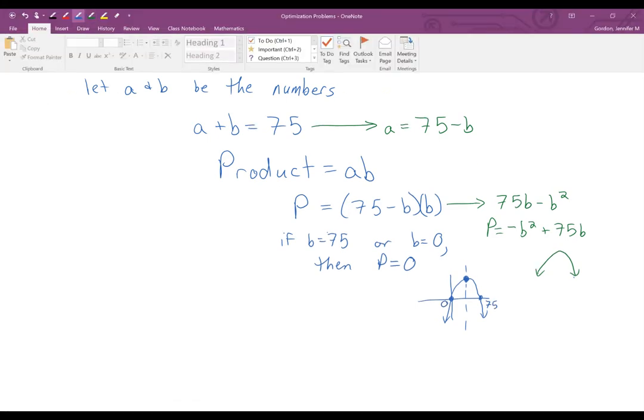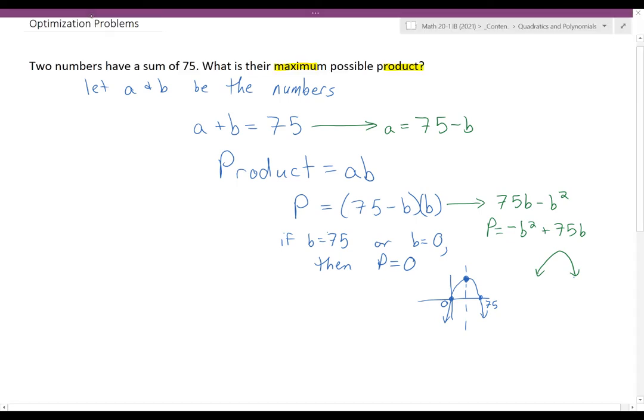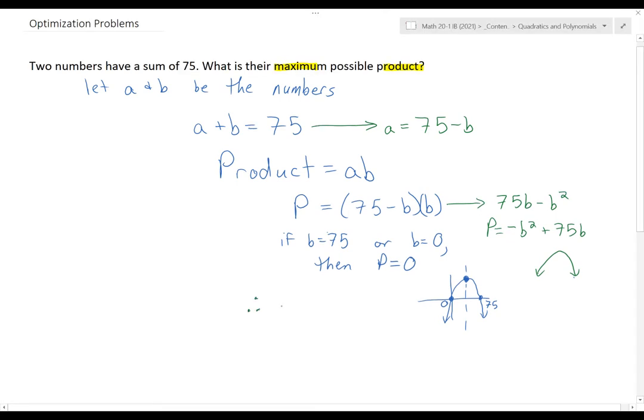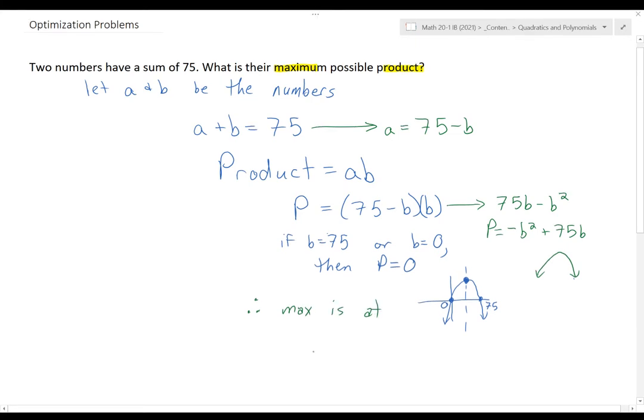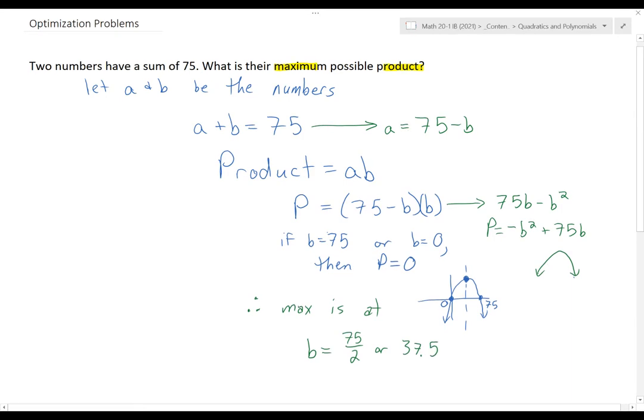Now that I know where the product is equal to 0, what I know is that the maximum occurs at the point where B is exactly halfway between those two. So 75 over 2, or 37.5 if you prefer decimal form. That is when the maximum product occurs.